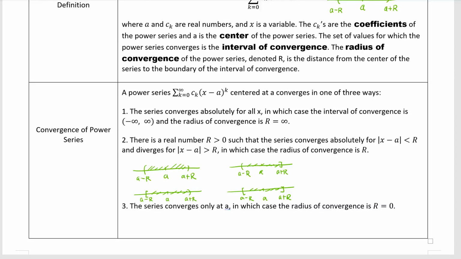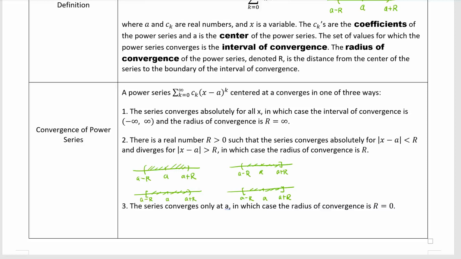The third case, the series converges only at a, the center, in which case the radius of convergence is 0. By the way, it always converges at the center. Why? Because when you plug in x as a, a minus a is 0, so the series is just 0, and of course 0 converges to 0.